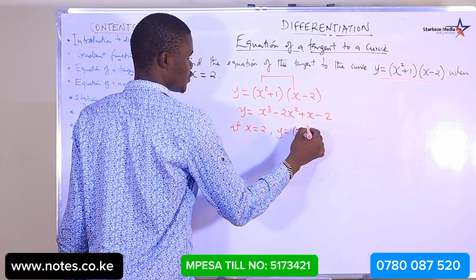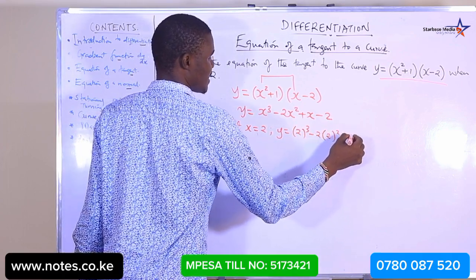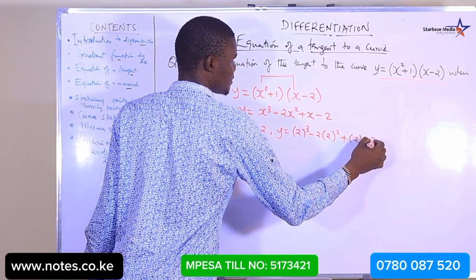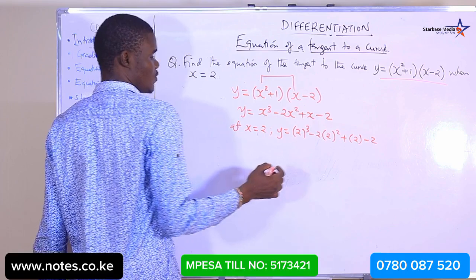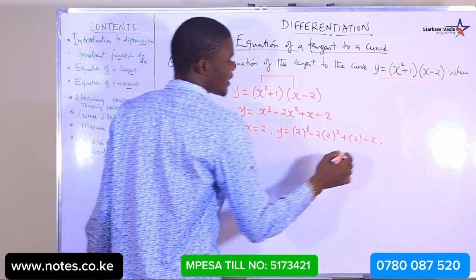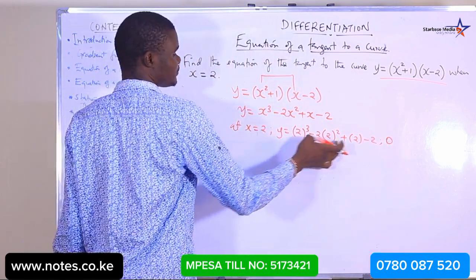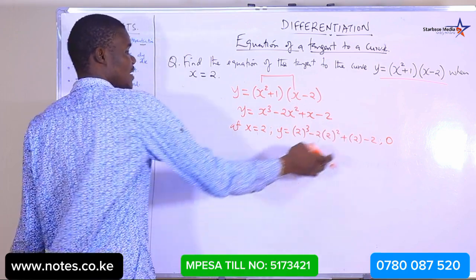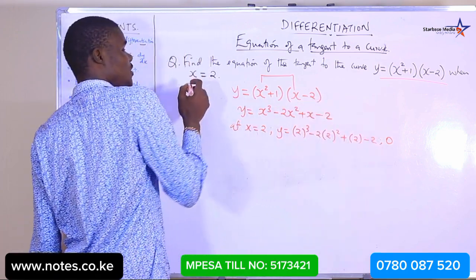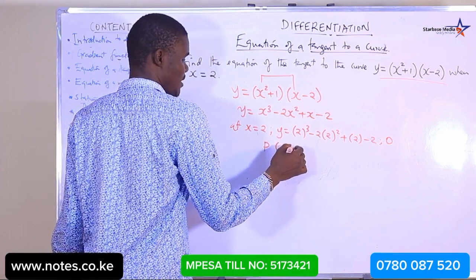So this will be 2 cubed minus 2 into 2 squared plus 2 minus 2. Your y comes to 0. If you calculate that very well, your y will come to 0. So our point on the line will be (2, 0).